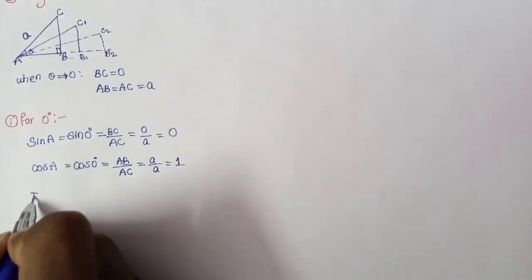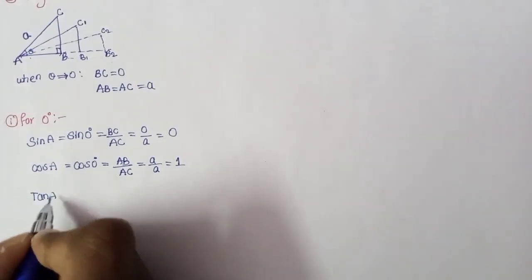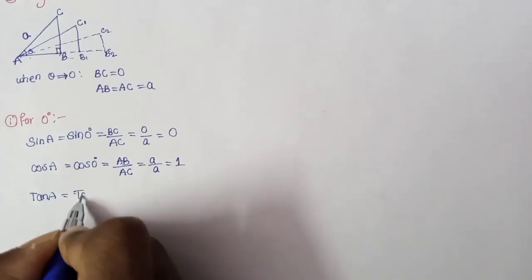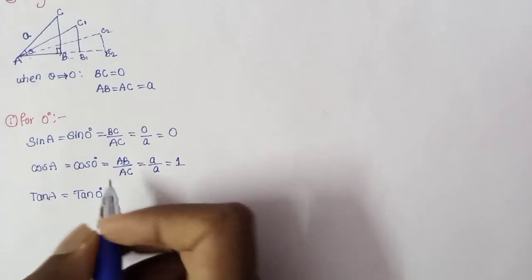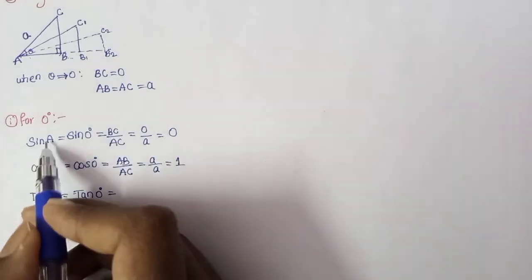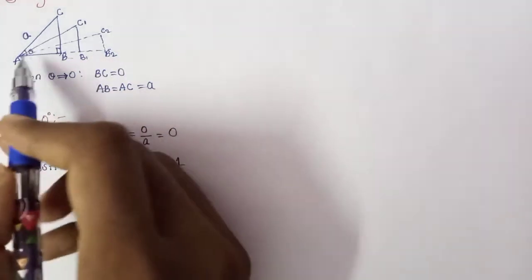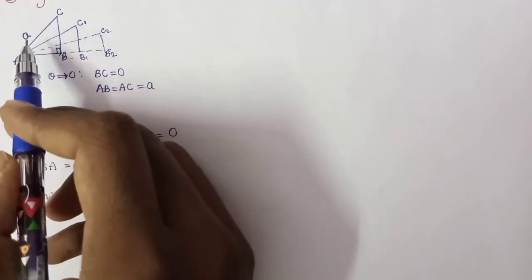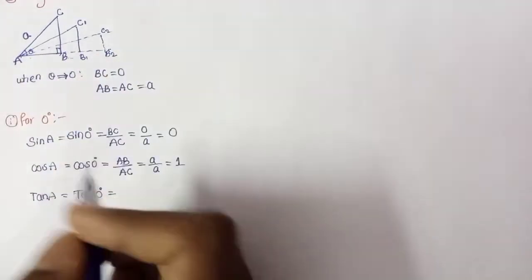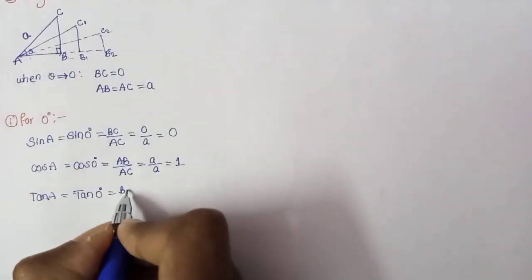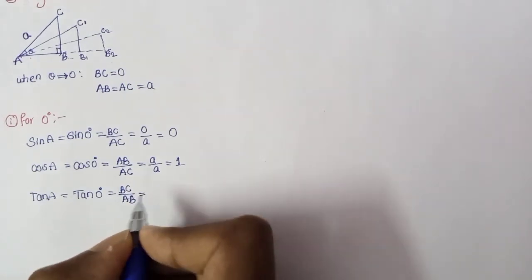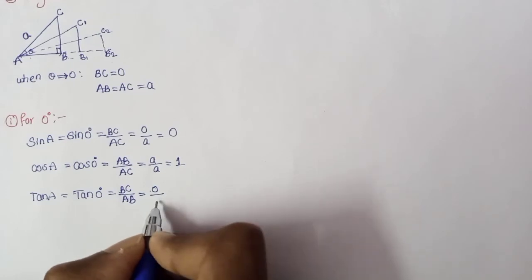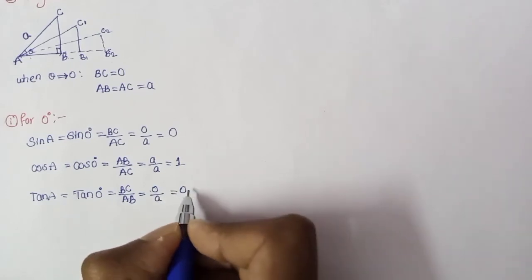Next, tan A. Tan 0 degrees is sin A by cos A, or opposite side by adjacent side. So BC by AB. BC is 0, AB is A, which is equal to 0.